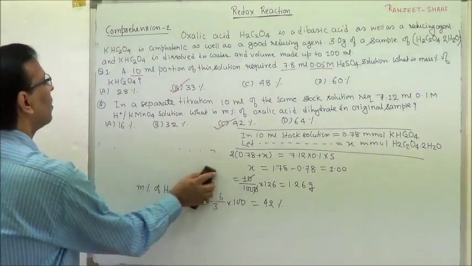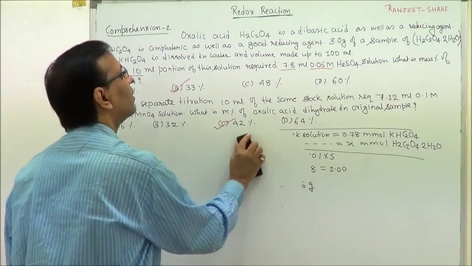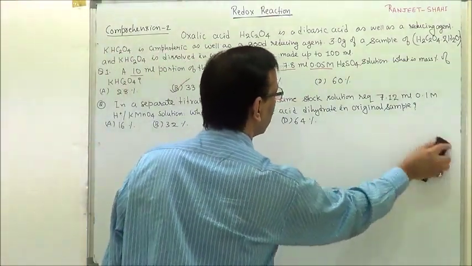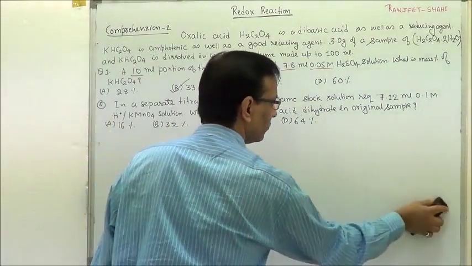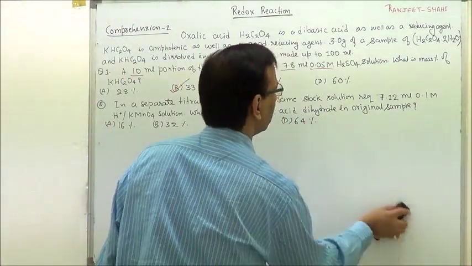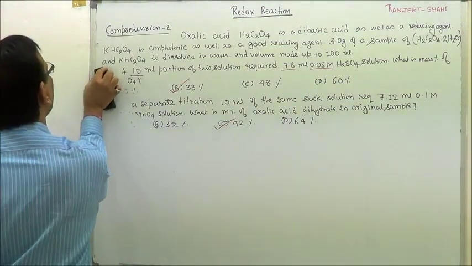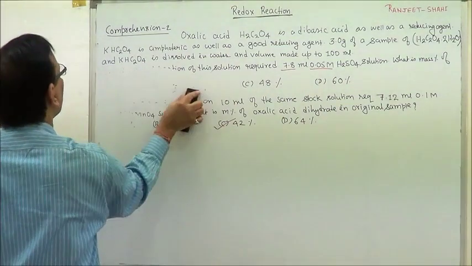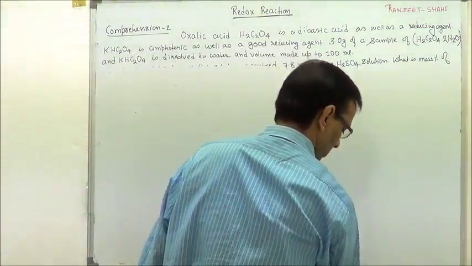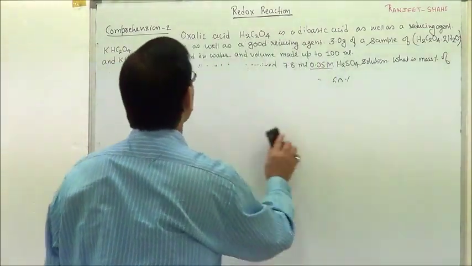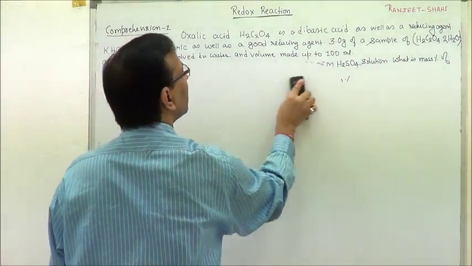Let us move to the third question linked to this comprehension. Let us make some space by erasing these two questions also, so that we can write the next part of this comprehension.